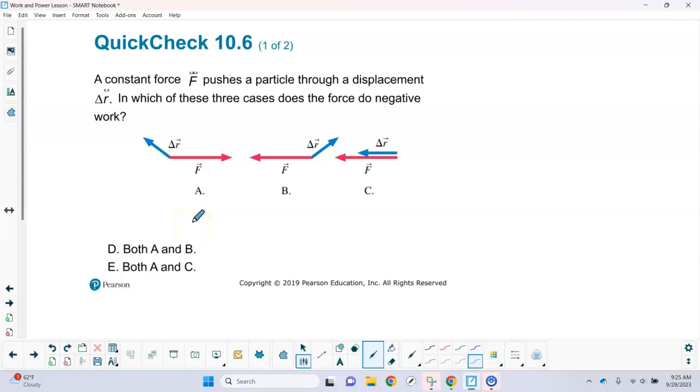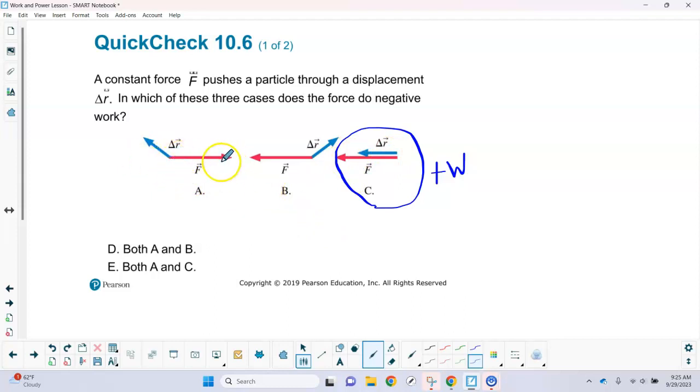Again, what I try to do is think about how those arrows line up. C is the easiest one to look at. C is going to have positive work because the force is going the same direction as the displacement. In A and B, they are going in opposite directions.